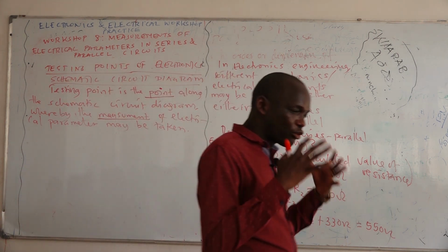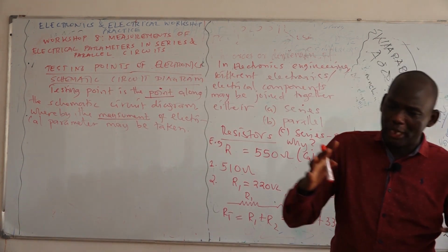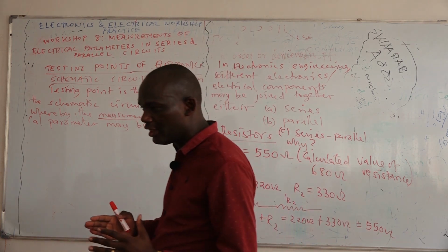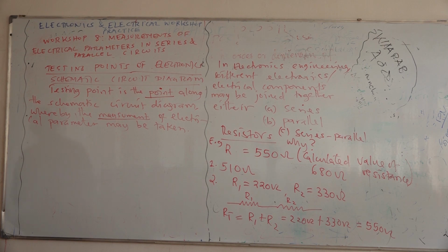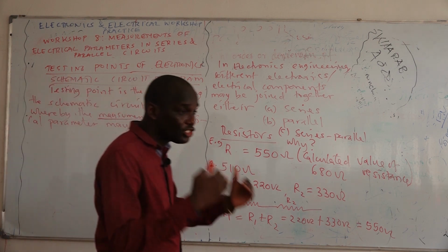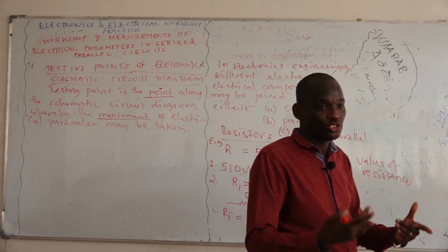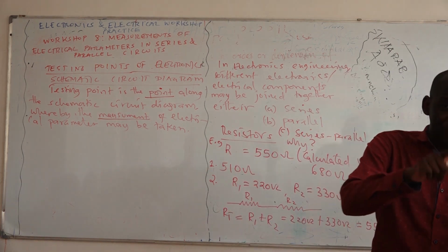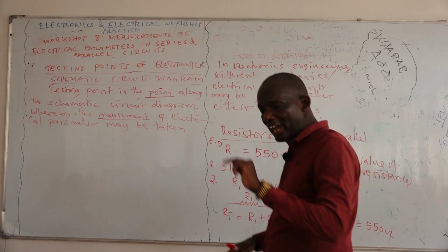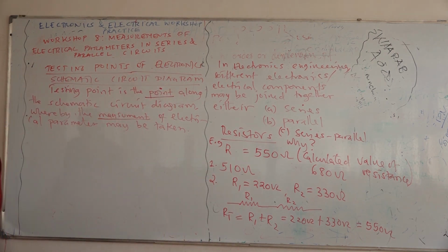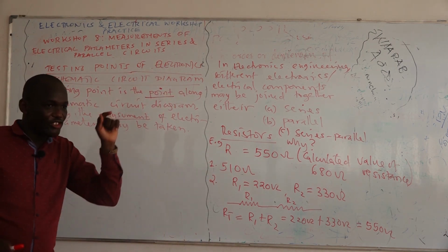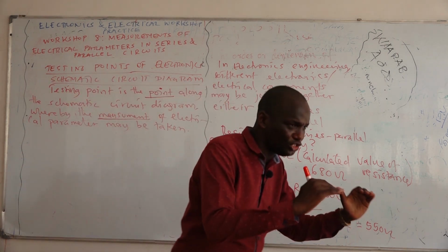As a mechatronics engineer, if you want to be a practical mechatronics engineer, especially in electronics, you have to be competent and have the skills and knowledge on how to choose the best testing points. Let me remind you about the previous concept we taught you in physics Form 3 and Form 4, on how to draw the graph, especially in practical physics.